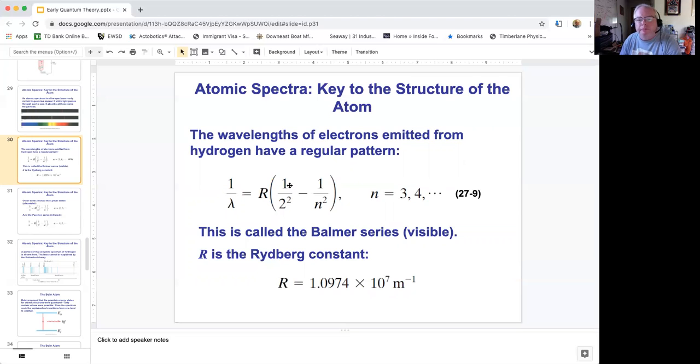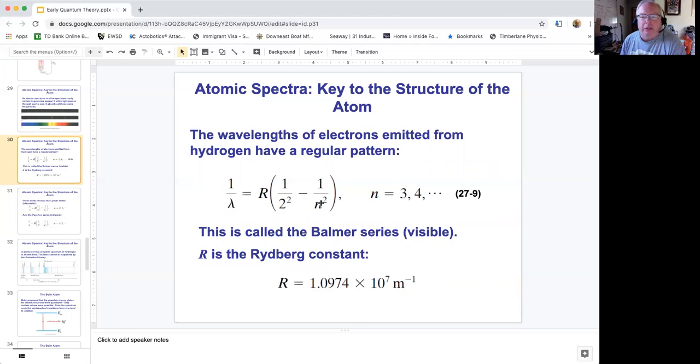Now, what it means is that one over the wavelengths could be found by taking this constant, which probably has the speed of light as part of it, and then running through different numbers. So if n is equal to 3, then you have 1 over 4 minus 1 over 3 squared.